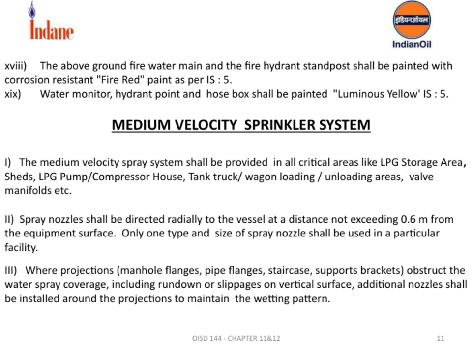Moving on to the markings, above-ground fire water mains and fire hydrant standposts should be painted with corrosion-resistant, fire-red paint, as per IS 5 standards. This helps in easy identification and longevity of the infrastructure. Similarly, water monitors, hydrant points, and hose boxes need to be painted luminous yellow, also following IS 5.